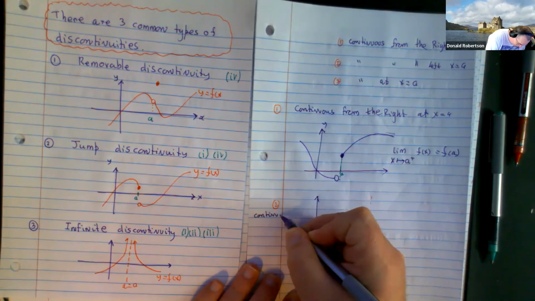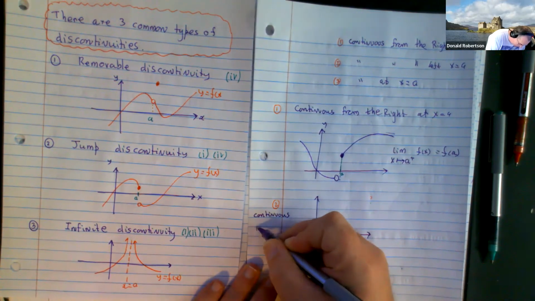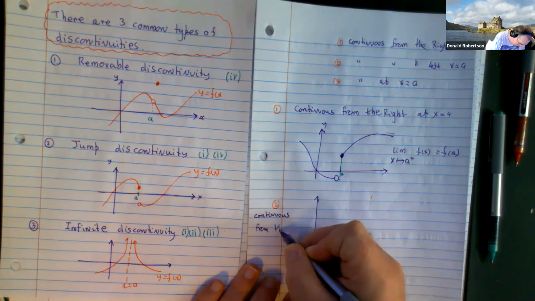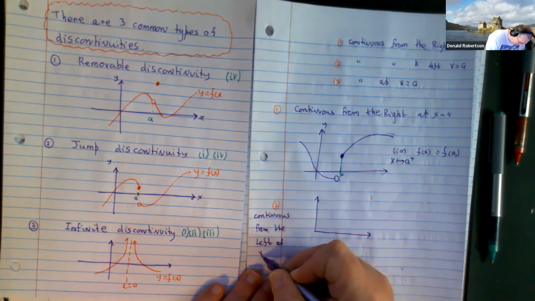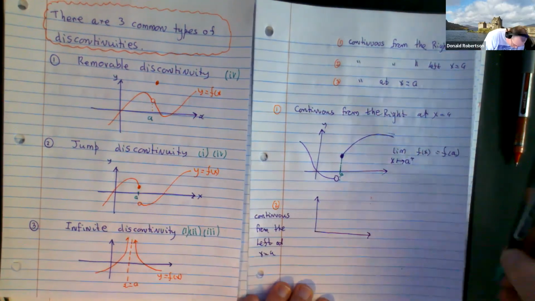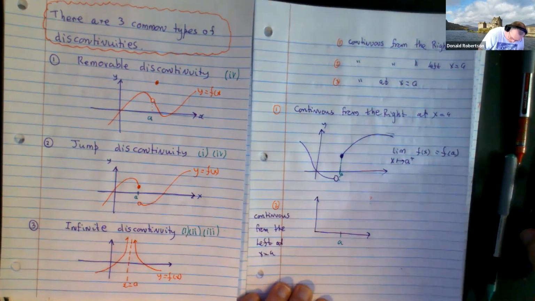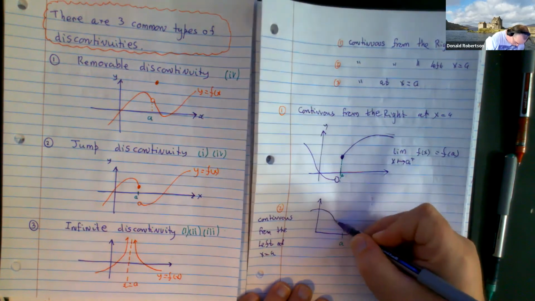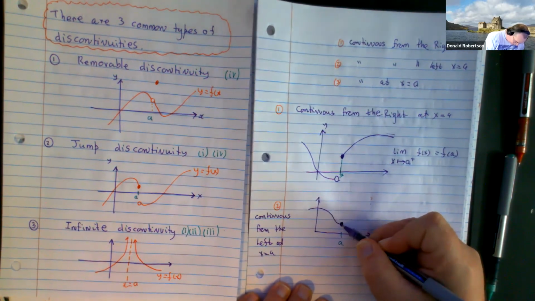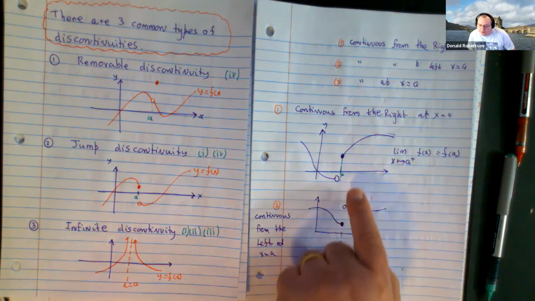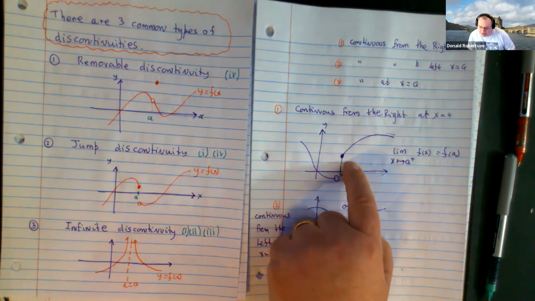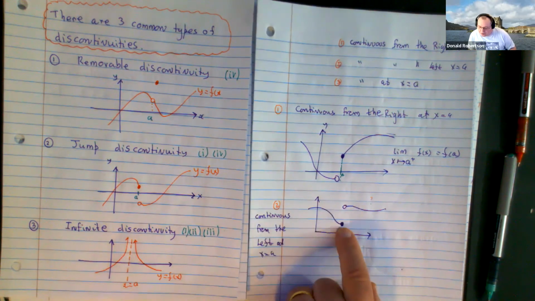If you talk about a function that's continuous from the left at x equals a, then we would be talking about a function where that would happen. Can you see that the left branch has a little dot on it? So if the right branch has got a dot on it, it's right continuous. If the left branch has a solid dot on it, it is left continuous.